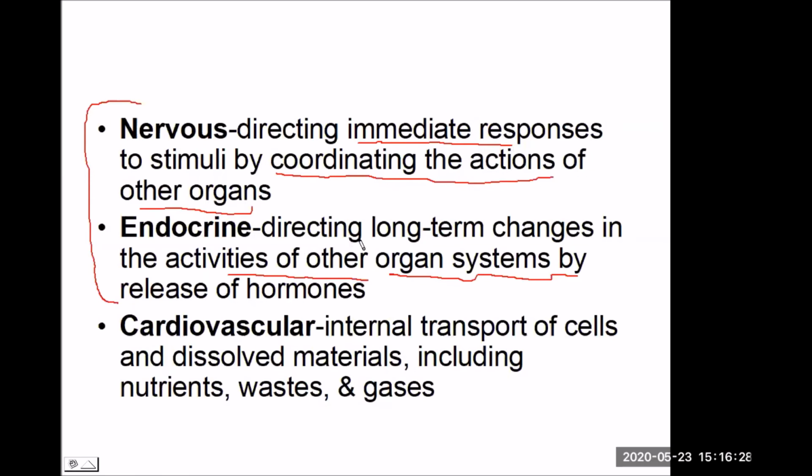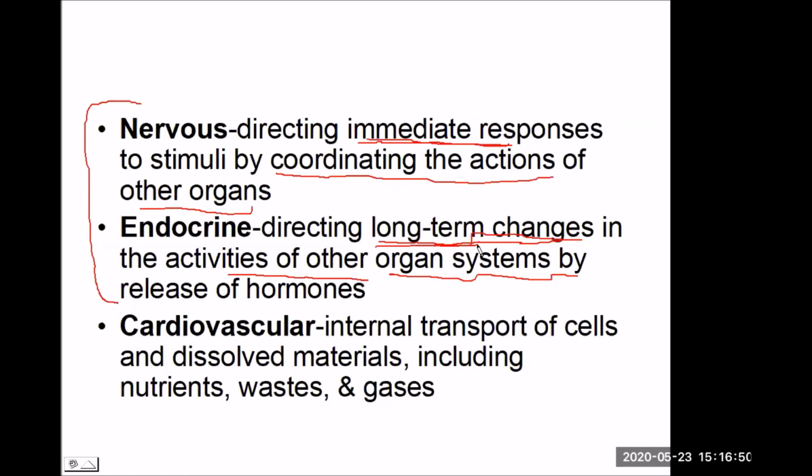The endocrine system, this is another control system for our body. The difference is now the function of the endocrine system has a much longer duration, whereas the nervous system is rapid and immediate. The endocrine system has a much longer lasting effect.